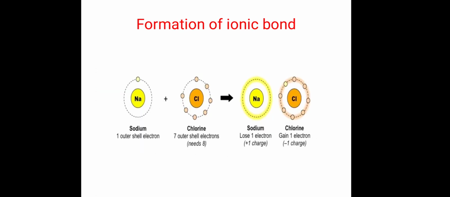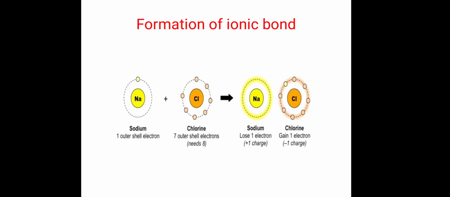This is the simplest representation of formation of ionic bonding. Here we take an example of sodium chloride. Sodium is an alkali metal, chlorine is a p-block element. The atomic number of sodium is 11, so the electronic configuration of sodium is 1s2, 2s2, 2p6 and 3s1.